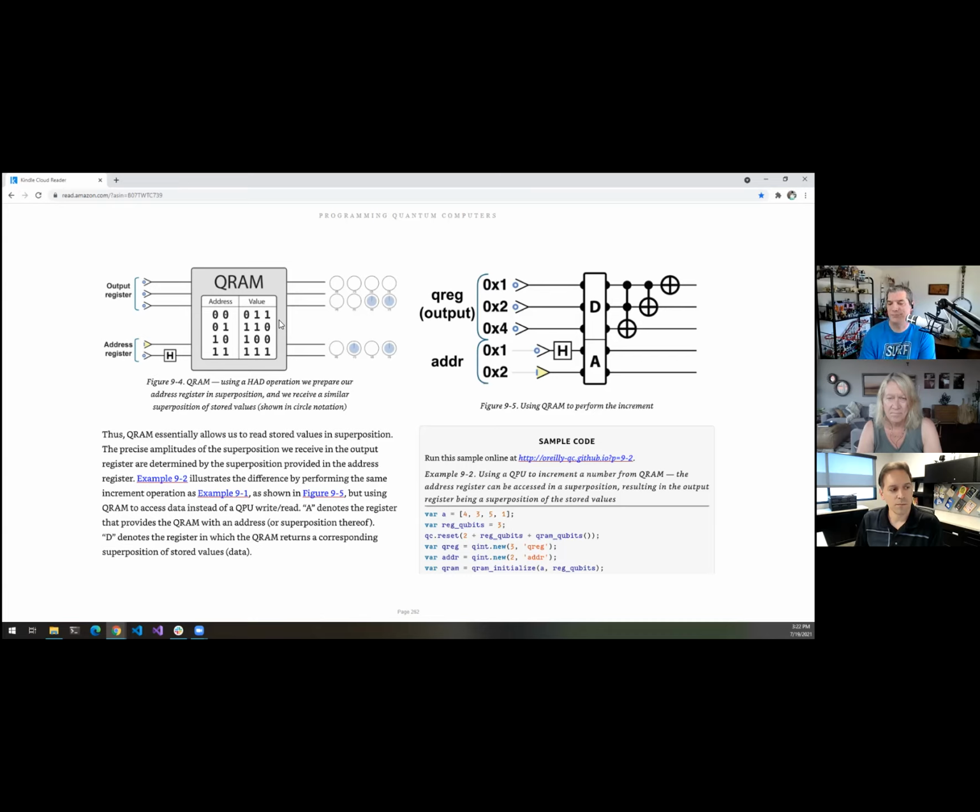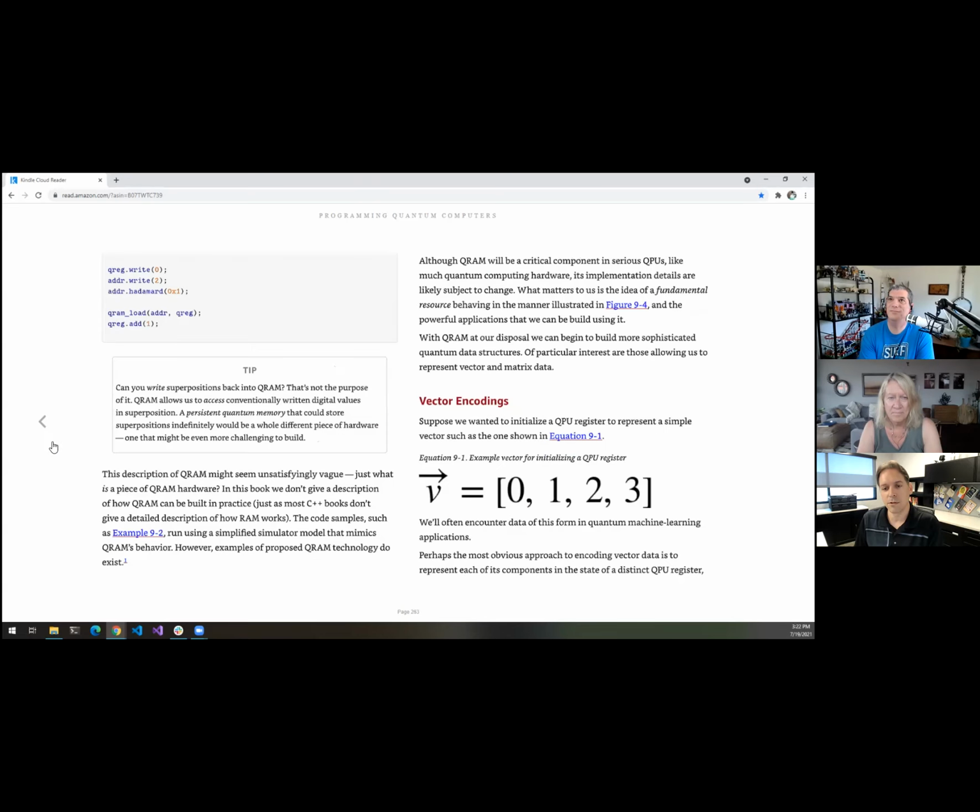And 9.3 shows how to use superposition to store all of the values in a much smaller number of qubits. So I'm getting the idea that 9.3 is actually the precursor to having your QRAM with superposition data in it. That's the impression that I got. Okay. Yeah, and if we go over the code, let's see what else, oh yeah, and then we get back in the register, sorry.